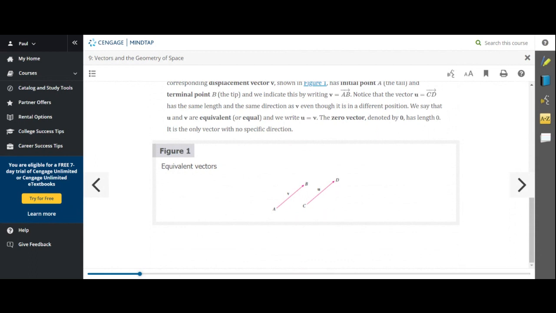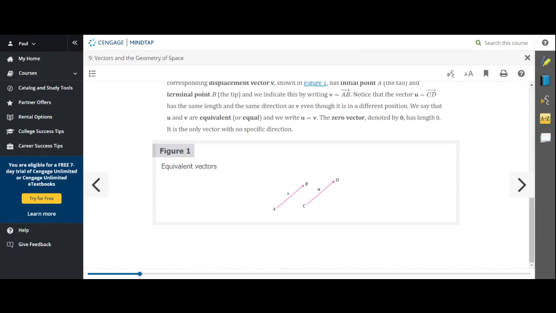You have the initial point A, and then the terminal point B on the one vector, and then on the second vector, you have the initial point C and the terminal point D. But then that gives you vector u. But vectors v and u are equivalent vectors because they point in the same direction and they have the same length.